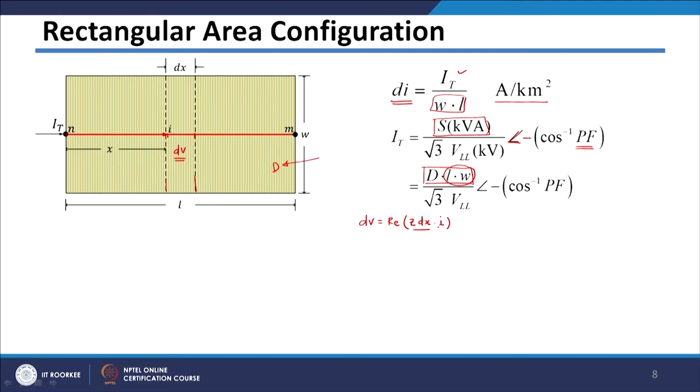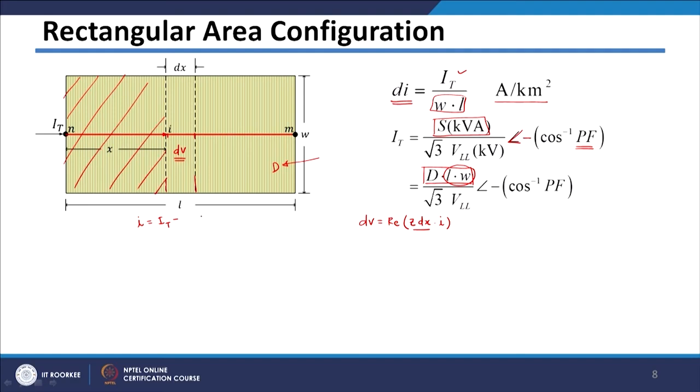Now, to get the current which is entering this strip, I will be nothing but IT, the total current, minus the current which is served in this particular area, which gets subtracted.